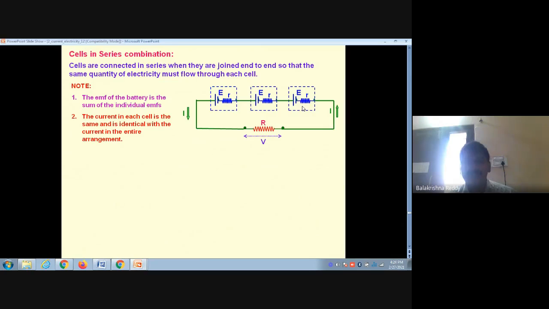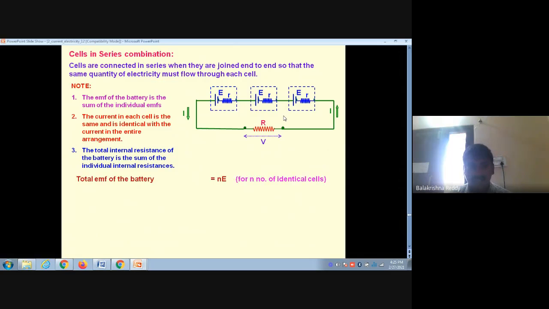We know in series arrangement the current is always constant. The internal resistances which you have connected in series are also in series, so the sum of the internal resistances is equal to the total resistance: r equal to r1 plus r2 and so on.